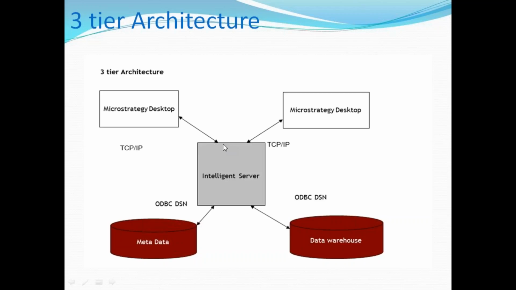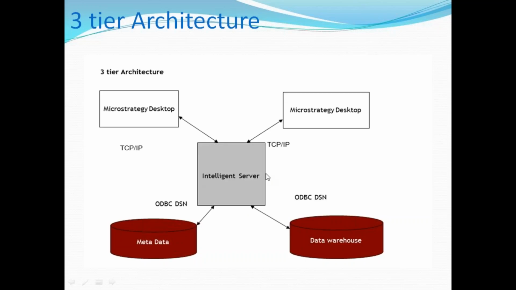To see data on your mobile, you need the mobile server integrated with iServer. To see data in Microsoft Office products like Excel and PowerPoint, you can also integrate Microsoft Office with iServer. So you can integrate components like the web server, mobile server and Microsoft Office with the iServer so that you can view the reports on those interfaces.